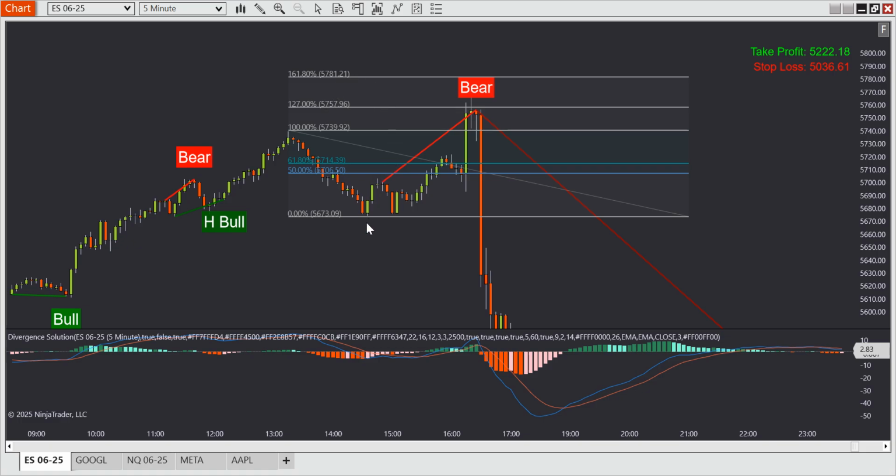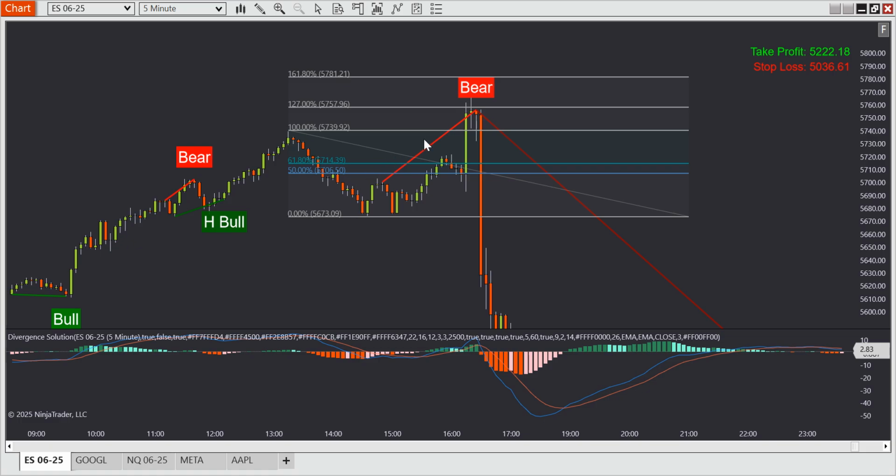Many times for divergences, you'll see price make a higher high, whereas the indicator will not make that high, or vice versa, where the indicator will make that high and price will not take the previous high. This indicator will mark out both normal divergence and hidden divergence.